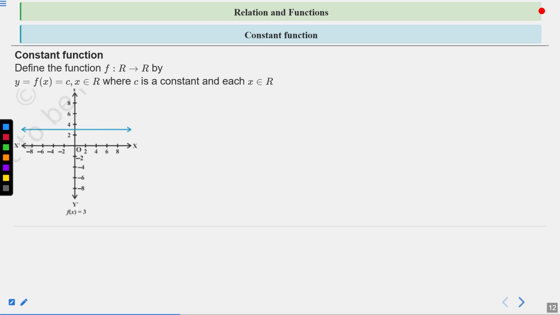Here the graph will be like this. This is when we are considering c as 3, so f(x) is equal to 3. So the constant function graph will always be parallel to the x-axis, or overlapping the x-axis when f(x) is equal to 0. Clear?